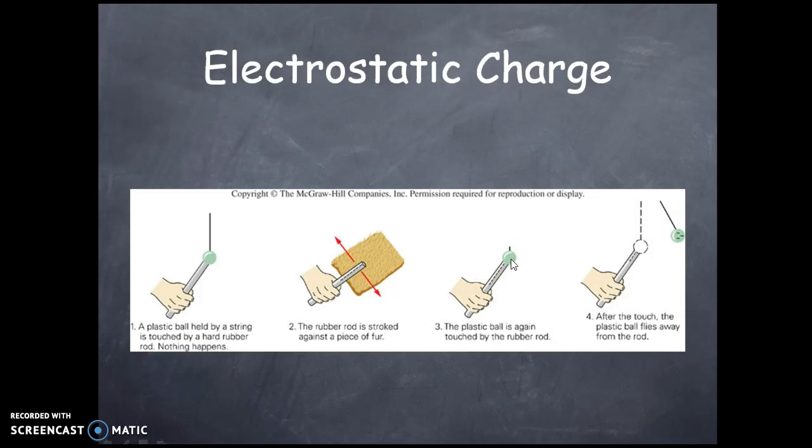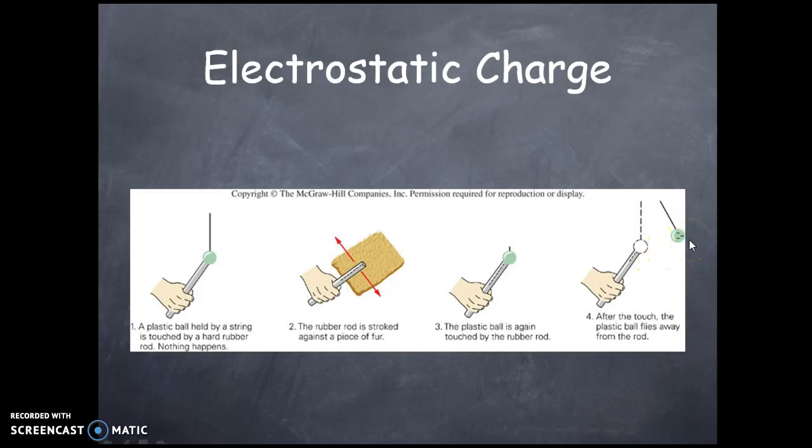As we already know that like charges repel, since this is negative and this is negative, they repel each other and it will be pushed back.